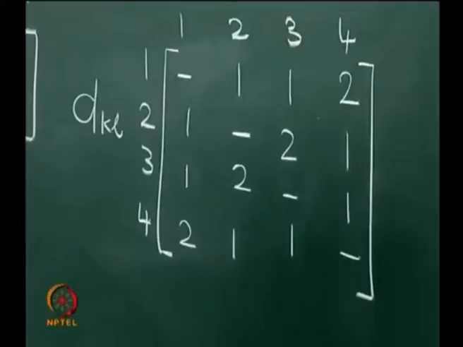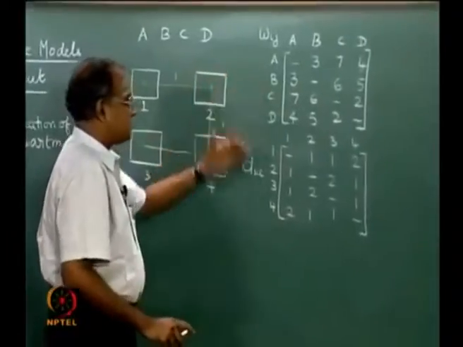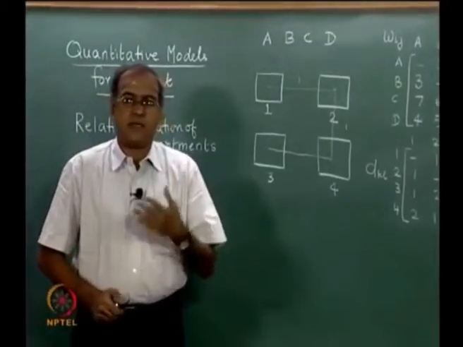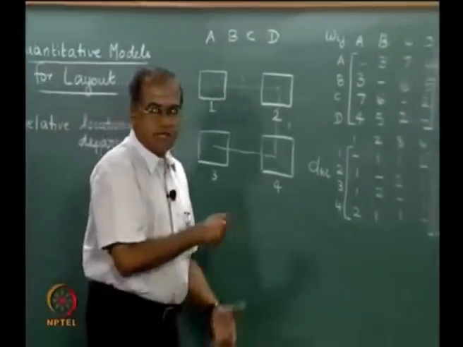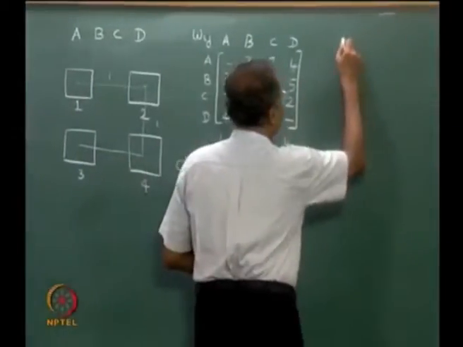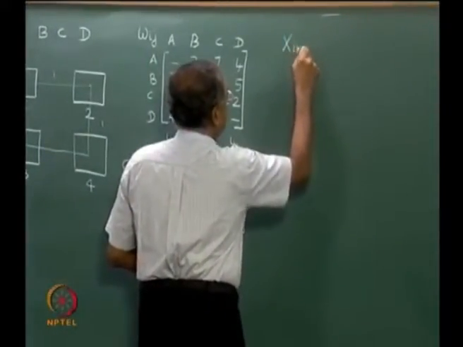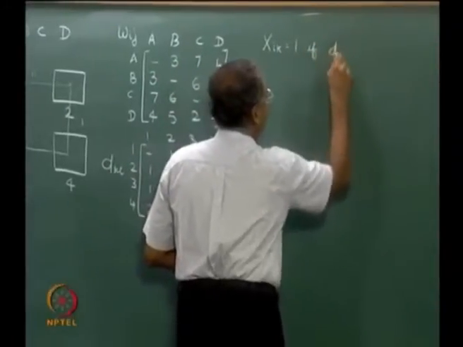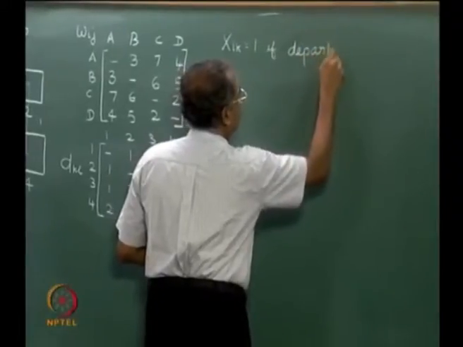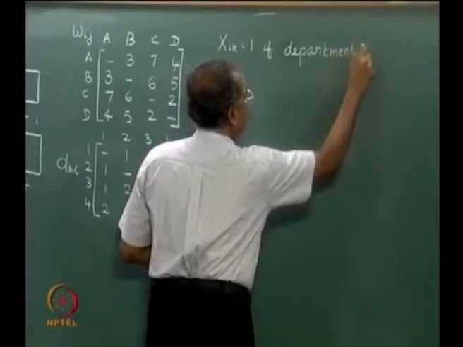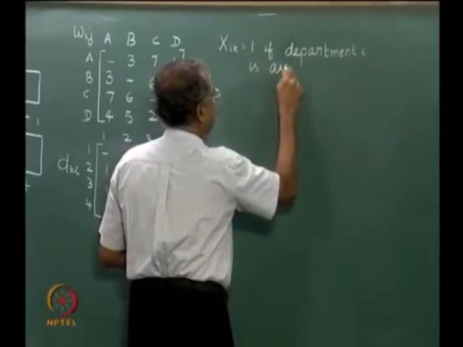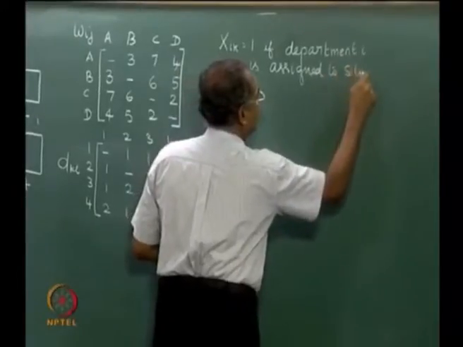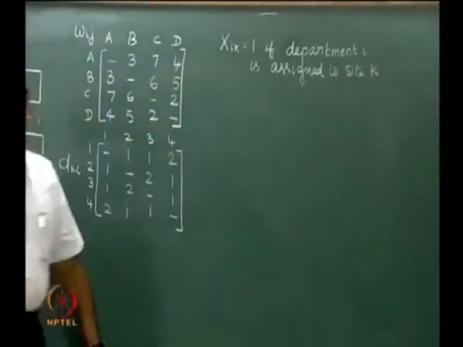Now, the problem is to locate the facilities to sites such that the product of the weight and distance is minimized. So, a mathematical formulation to this problem will be like this: let xik equal to 1 if department i is assigned to site k.